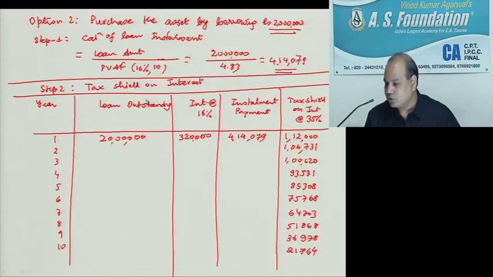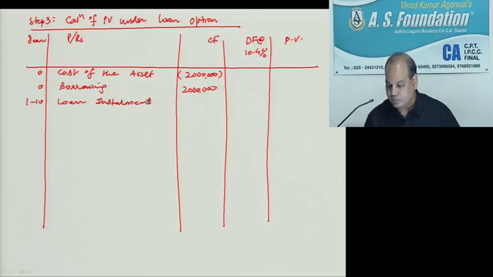How much is the loan installment? 4,14,079. Outflow. 1-10 tax on loan depreciation. You are the owner.